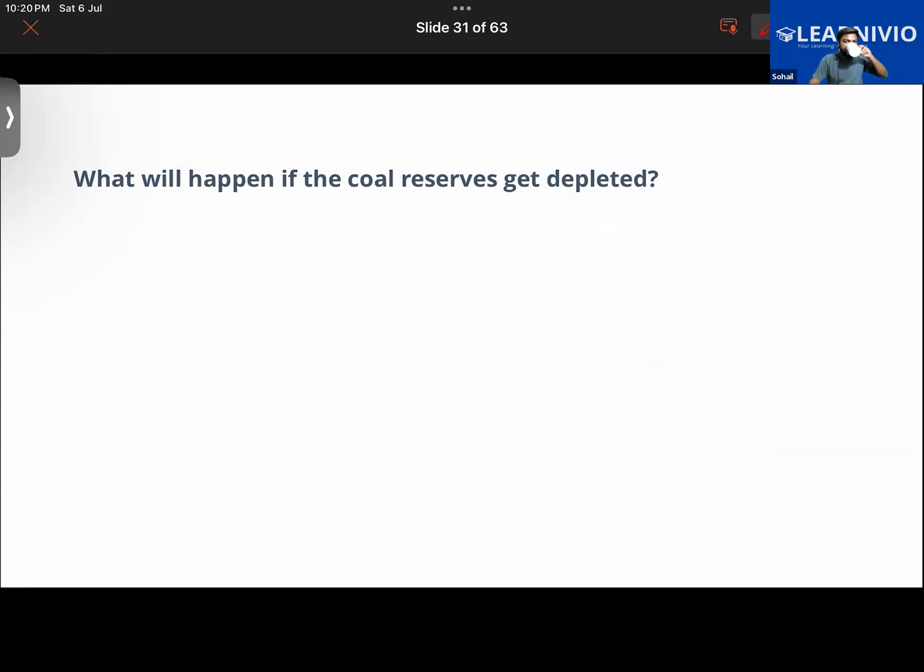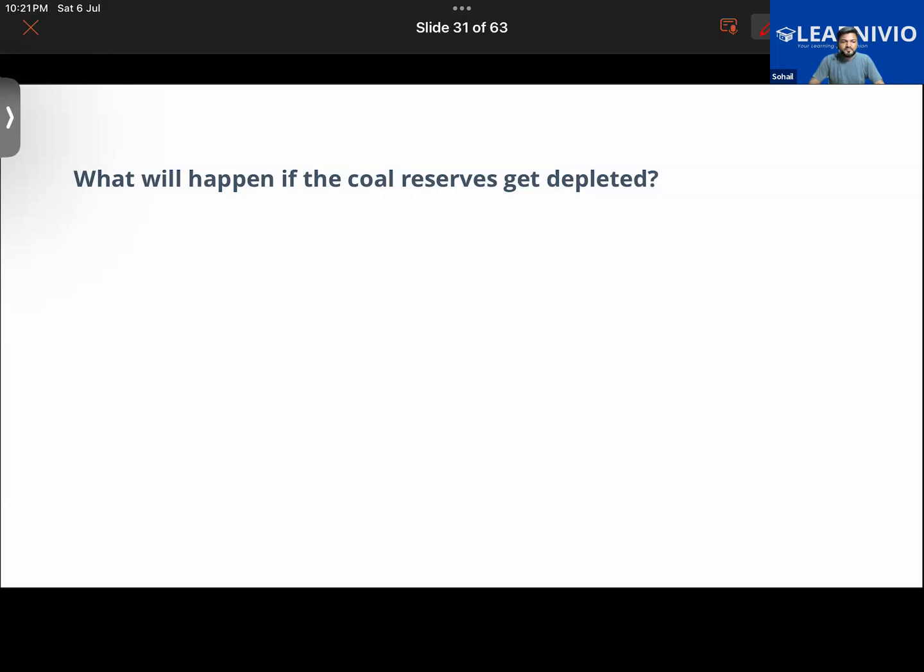Most of the industries will not be able to work. Transportation will be difficult, yes, sir. Mainly industries would be impacted.